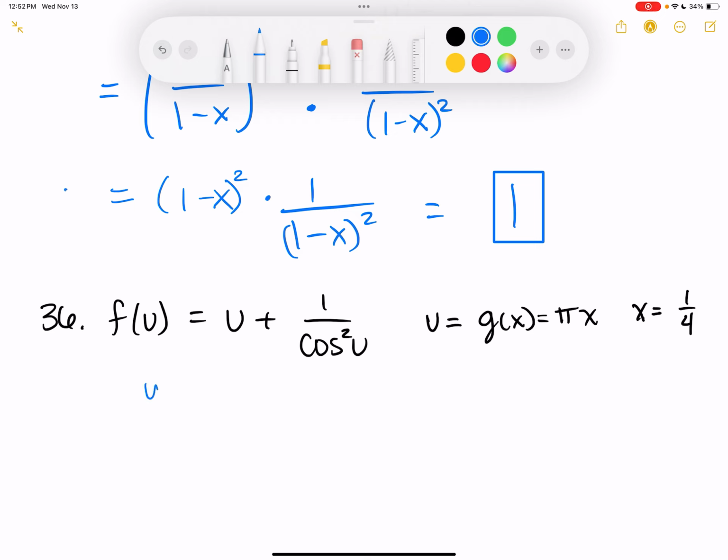So I would probably rewrite this as u plus the cosine of u to the negative 2 to make my life easier.